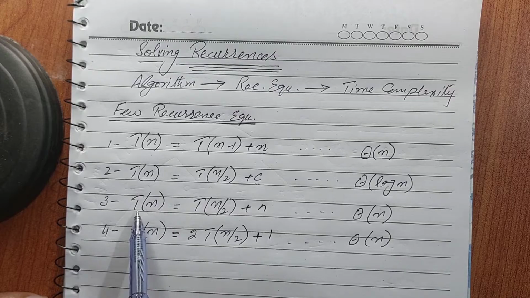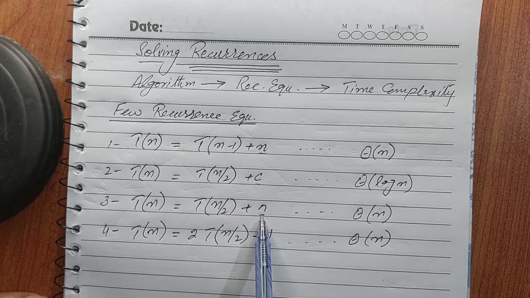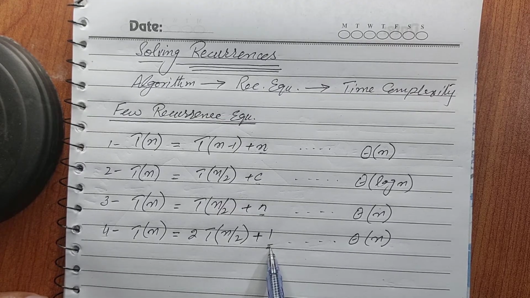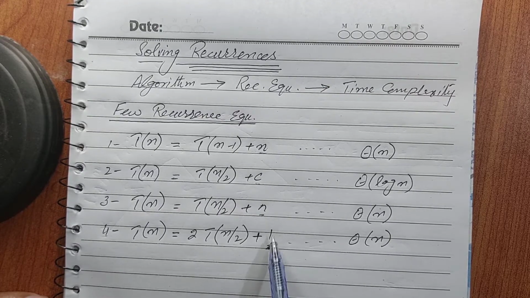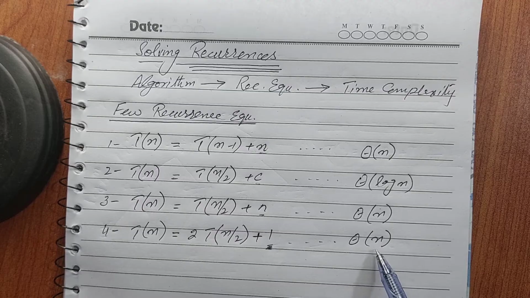In the third equation it is again dividing the subproblem into half of its size. There is only one subproblem, and the cost of divide and conquer is n. And in the fourth one there are two subproblems of size half, and the cost of divide and conquer is only 1. After the calculation we can find its complexity, that would be theta of n.